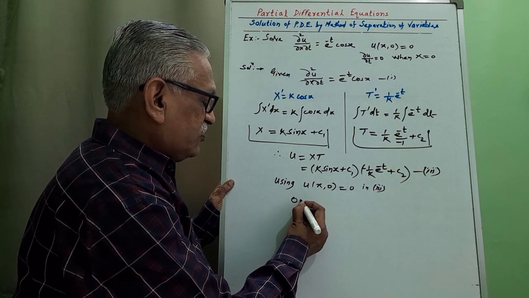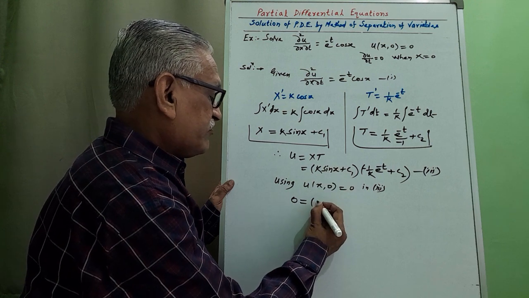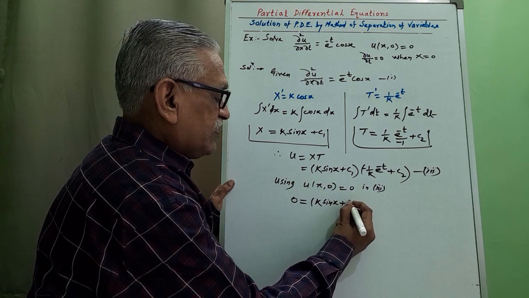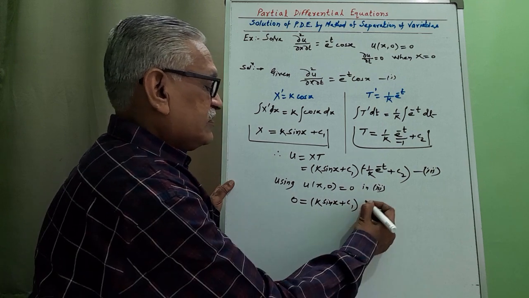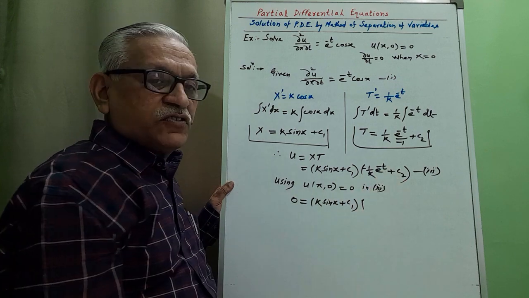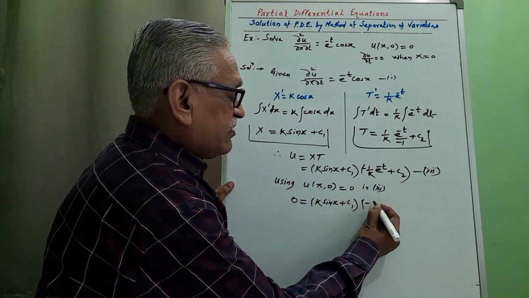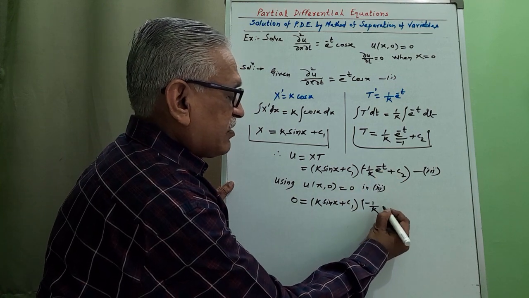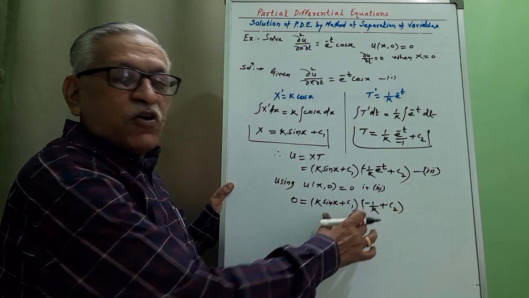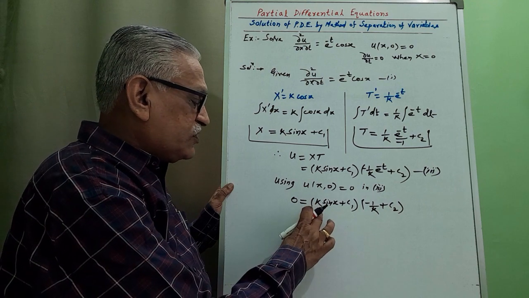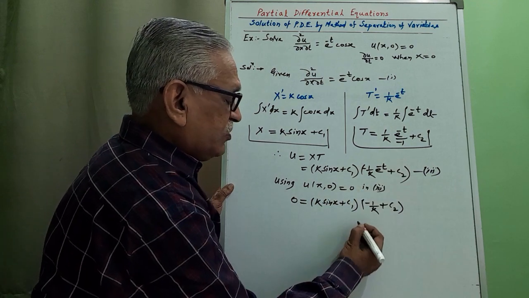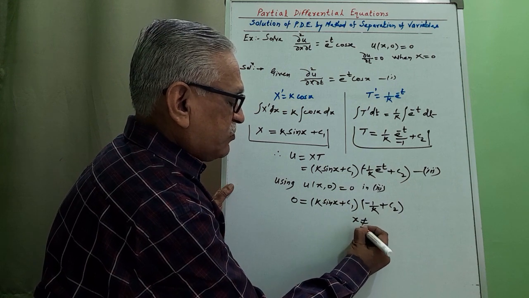Left hand side is 0, right hand side is k sin x plus c1, multiplied by, when t is 0, e raised to 0 is 1, therefore we get minus 1 by k plus c2. Here the product of two terms is equal to 0, out of which, when t is 0, x is not equal to 0.